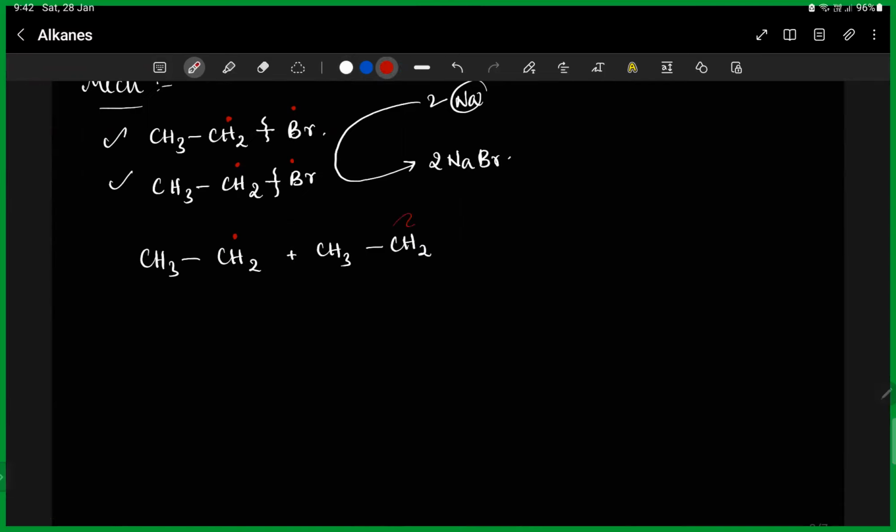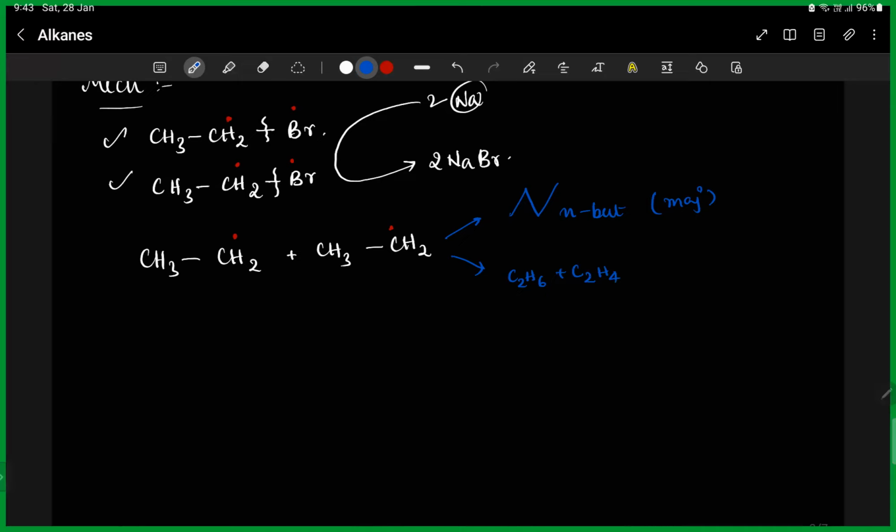Now you have to combine these radicals. One way is to directly combine them. Butane is formed here, which will be the major product. Disproportionation can also take place, and then this kind of product is also formed, C2H6 plus C2H4.